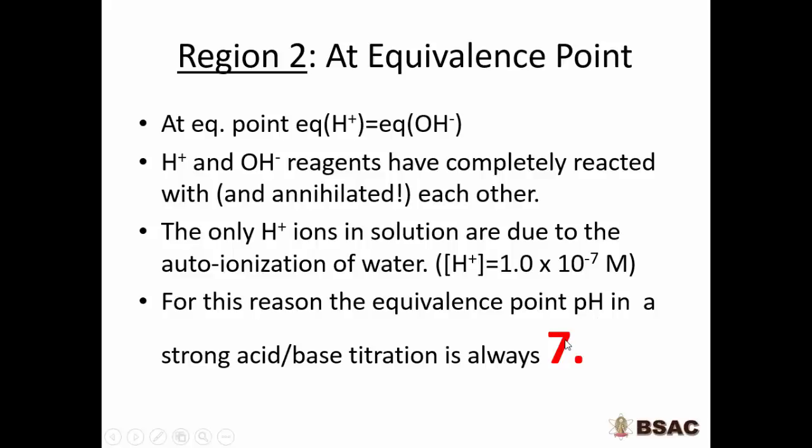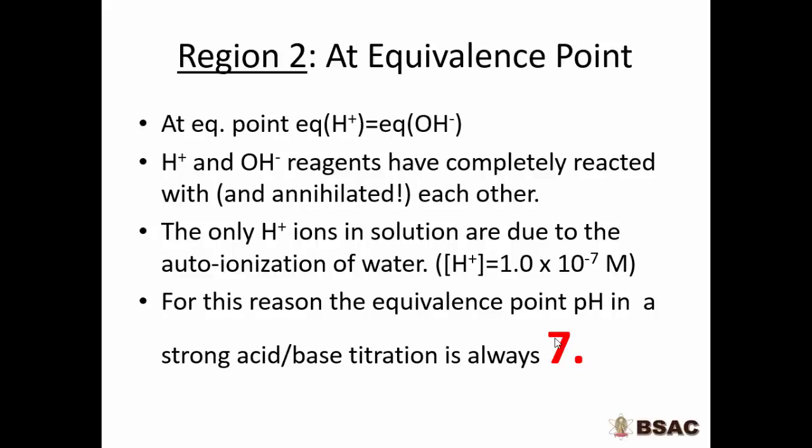So the pH in the strong acid, strong base titration, or strong base, strong acid titration, either way you configure the reaction of the strong acid and strong base, will always be 7 at the equivalence point. That's something that I see a lot of chemistry students memorize: oh, pH 7 at the equivalence point.